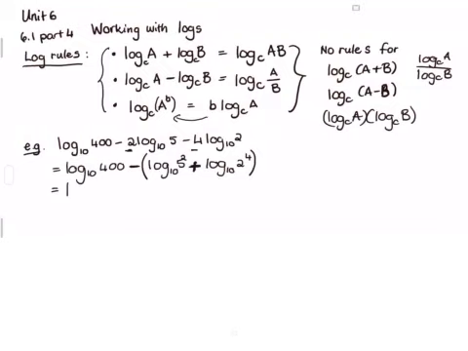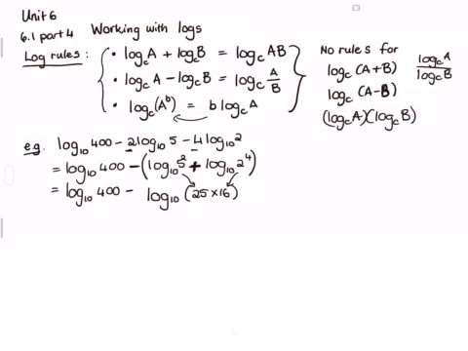Because actually, we are first going to use rule 1 for this bracket part. Log plus log means a single log where you multiply them, and I'm just going to work out those values instead of keeping them in exponents.